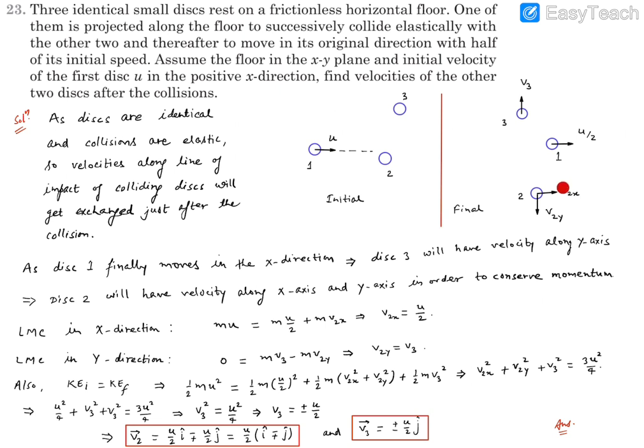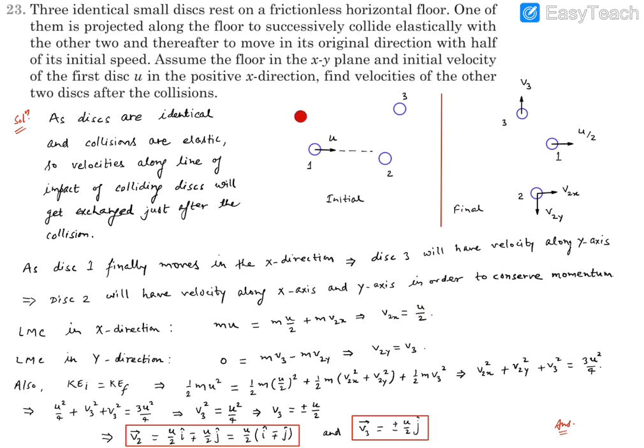And then there will be momentum, if at all, of 2 in the x direction, which we write as m v2x. When we simplify, we find that the velocity of 2 in the x direction has to be u by 2. So in order to conserve momentum, 2 has to have velocity along the x direction, and that velocity is u by 2.